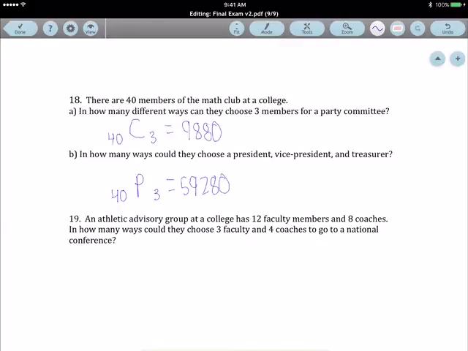So this is really 2 separate problems. You're going to take the number of ways you could choose 3 faculty and multiply that by the number of ways you could choose 4 coaches. How do we find the number of ways you could choose 3 faculty for this problem? 12C3. Right. We're doing the number of combinations of choosing 3 from 12. Then we multiply that by the number of ways you could choose 4 out of 8 coaches, which is 8C4.